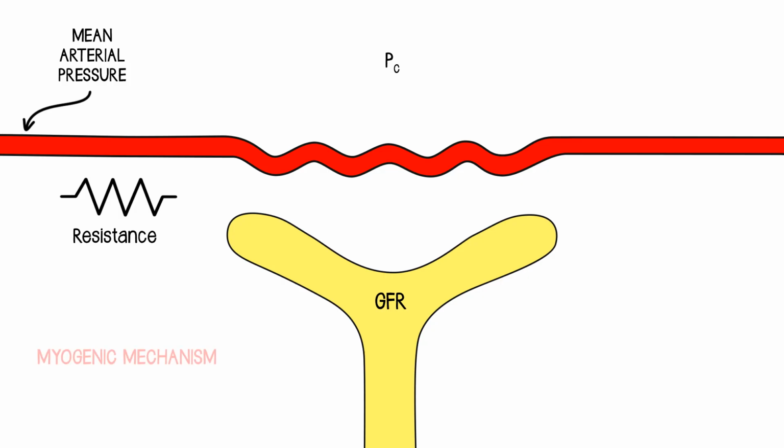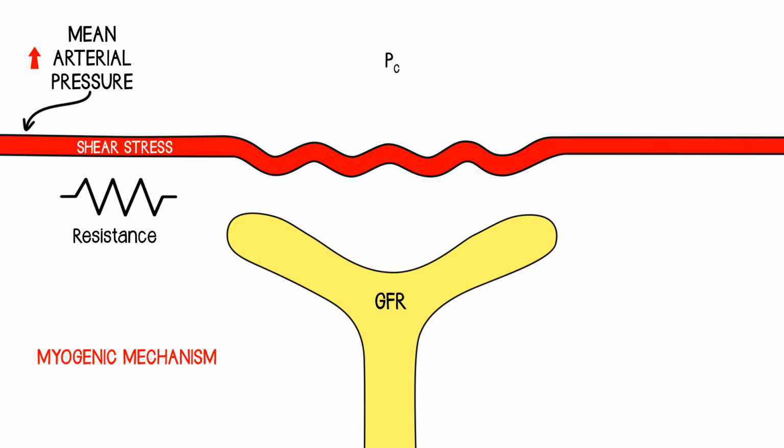Well, this is where the myogenic mechanism comes in. Because if you do have increased mean arterial pressure, then that will result in an increased flow rate within the afferent arteriole. That increased flow rate means that there's an increase in what's called shear stress on the endothelial cells of the arteriole.